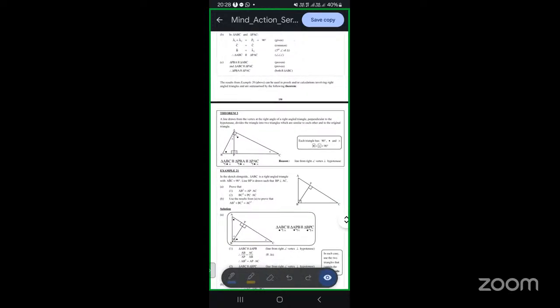So, okay, I just explained this theorem here.